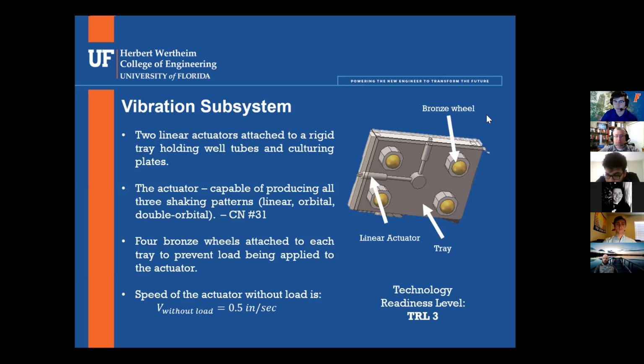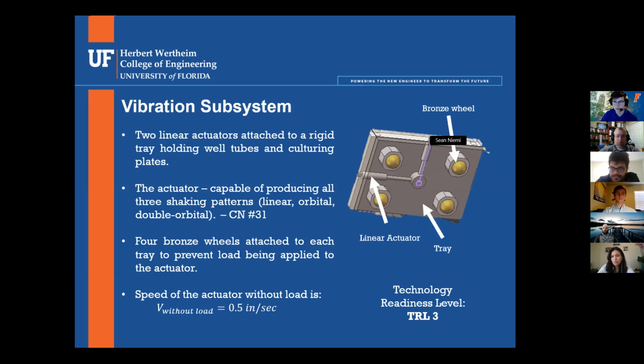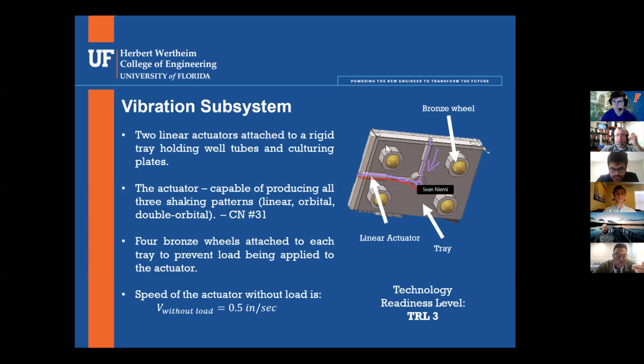We're trying to keep as much load off of the actuators as possible with those bronze wheels. I think I'm drawing what Daniel's talking about here. He's basically asking, if this actuator moves down, wouldn't this actuator here now have to either bend or change in length?